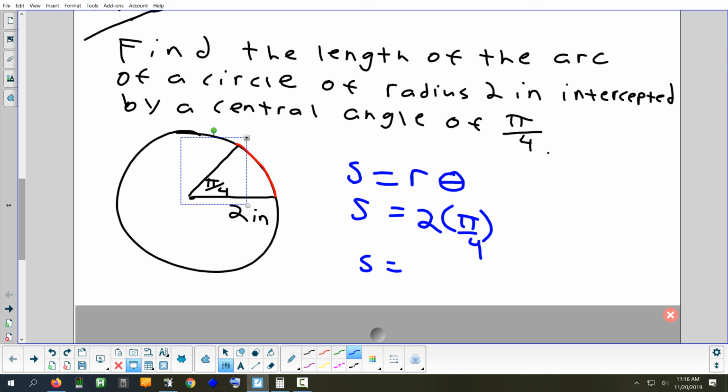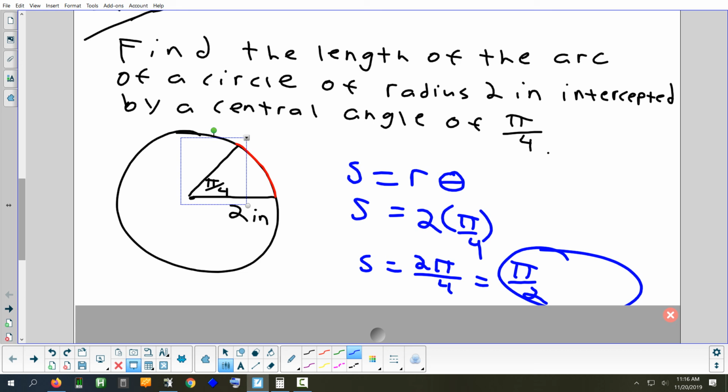So basically just multiply it out. What's 2 times pi over 4? Yeah, 2 pi over 4, or if you reduce it, pi over 2. Now we need a label on that. What did I just find? You found the arc length. The unit should be inches.